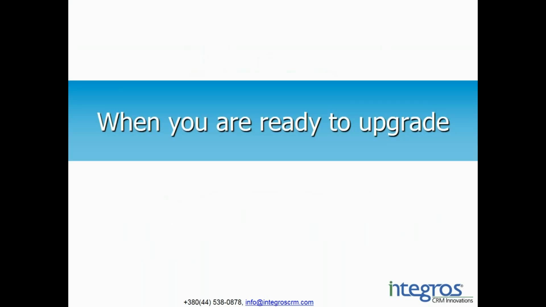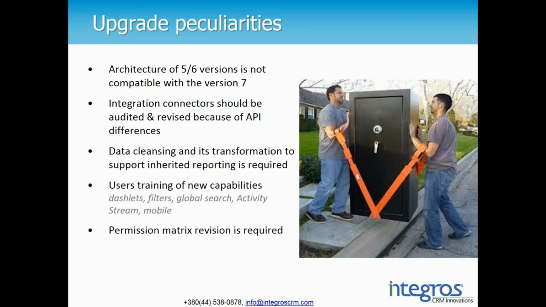So, if you decide to migrate, you must be aware of some features of the migration. After completing several migration projects, more than 10 of them, we've discovered a hidden key feature: the architecture of the community and the flagship versions of Sugar are not compatible.